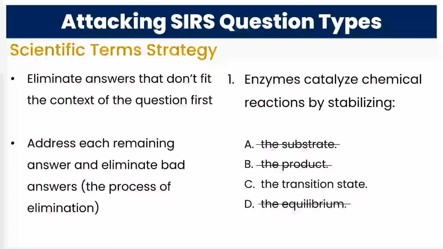And do they stabilize the transition state? Well, if that's our last answer standing, it must be the correct one. And yes, in fact, they stabilize the transition state, or they lower the activation barrier between the substrate and the product, all kinds of different ways to think about it. But get rid of those silly answers first and then start taking them one at a time.